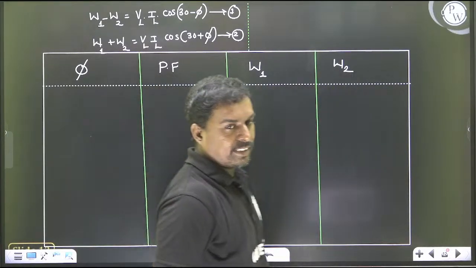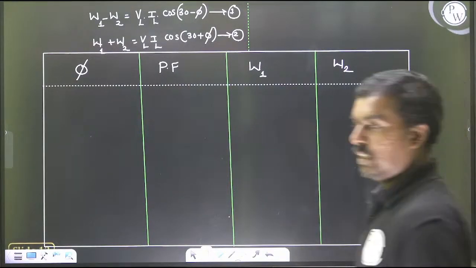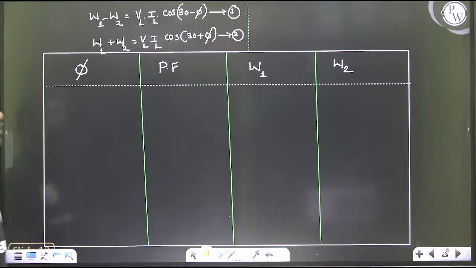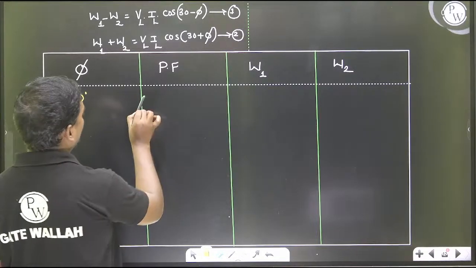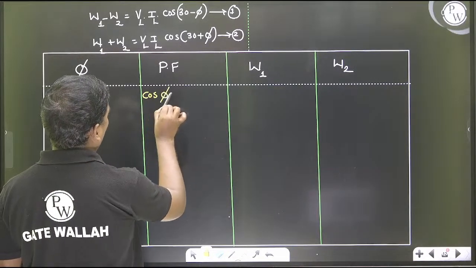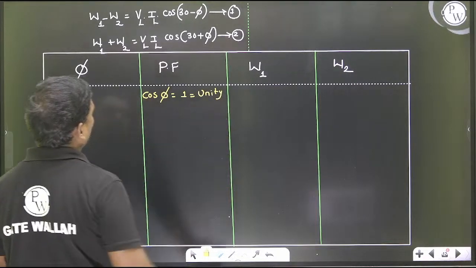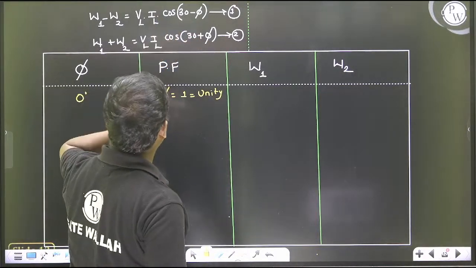Because if phi is equal to 0, let us start from 0. Power factor is cos phi, cos 0 is 1, so that means a unity power factor. So 0, cos 30, root 3 by 2.